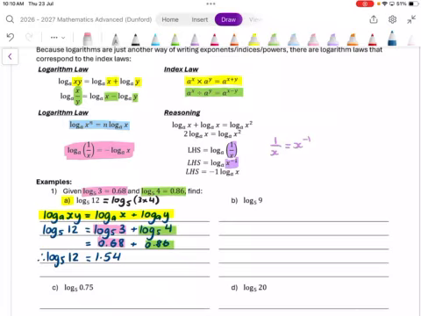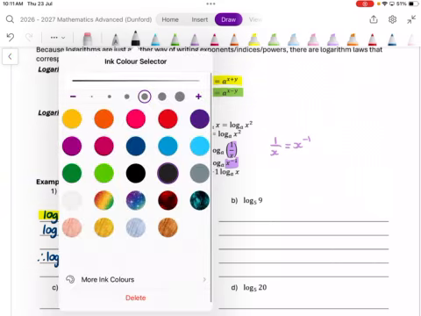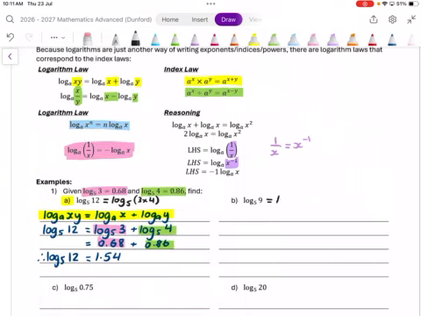Okay. The next one that we have is B. And B says that log base 5 of 9 is what we want to find the value of. How can we manipulate 3 or 4 to get 9? 3 squared, right, is 9. So this is going to equal log base 5 of 3 squared.